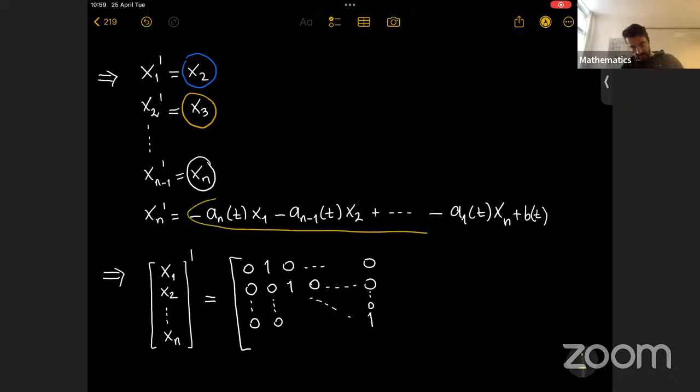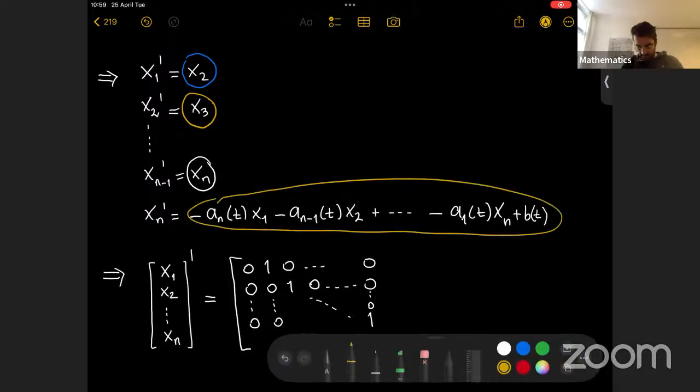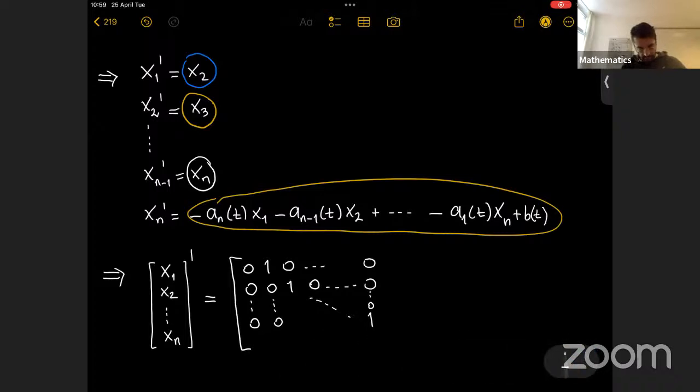And the last one is the following. We use this one for the last row. It's going to be minus an. I will not write t here, but you will understand that it's a minus an(t), minus an minus 1, okay? And you continue like this, and this is a1, minus a1.